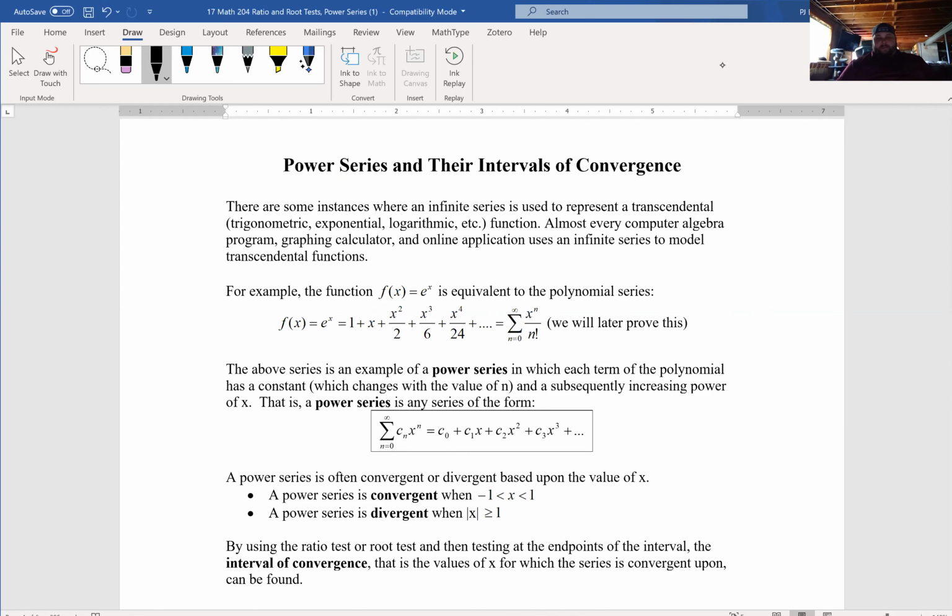A power series is basically changing any kind of function, typically something we would call a transcendental, like a trig function, exponential, logarithmic, something like that, into a polynomial.